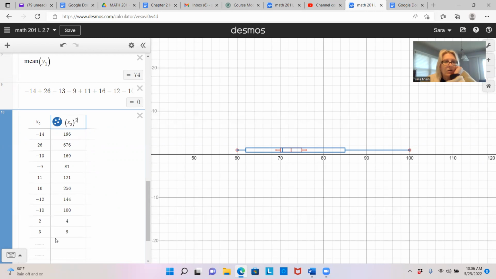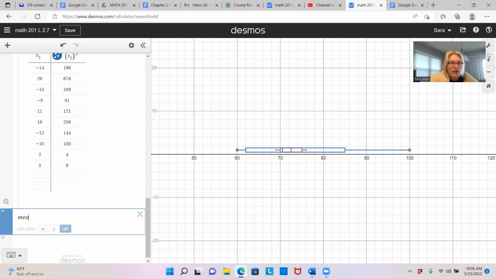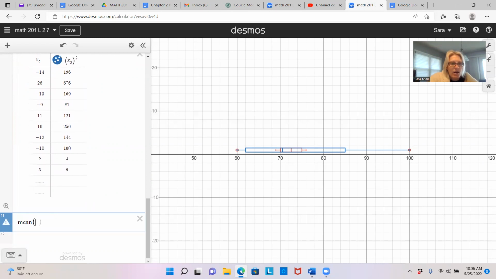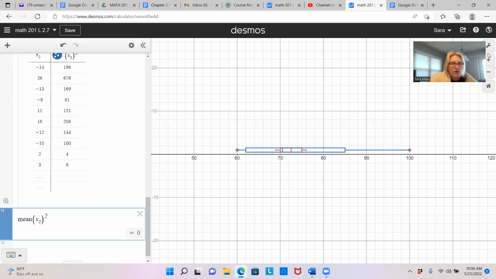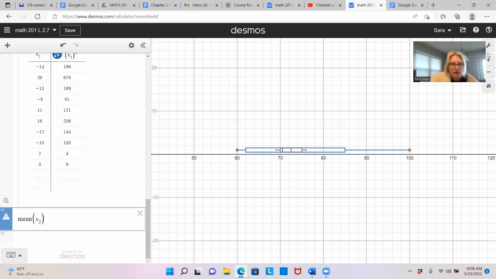Okay, and square it. And then I'm going to average those. So I'm going to take the mean of x2 squared. Oh, I got to square it inside here. Okay. So the average is 175.6.